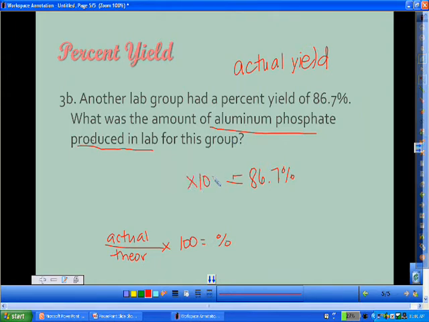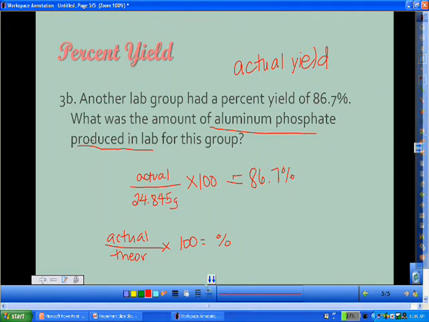So this times 100 is not affected, but we're looking for the actual yield, and we know our theoretical yield, we've calculated that previously, so our theoretical yield does not change. It is 24.845 grams.